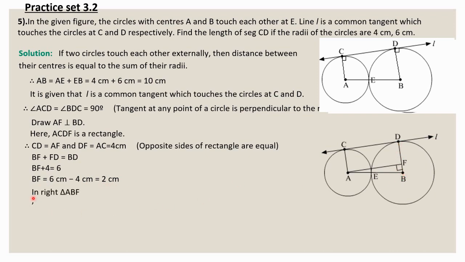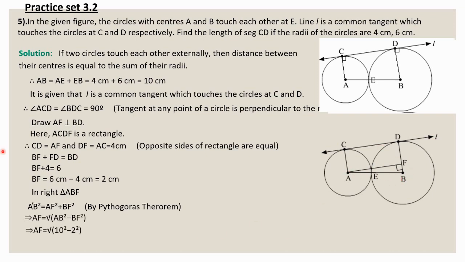Now, in triangle ABF, by construction, AF is perpendicular to BD, so this triangle forms a right angle triangle. Hence, we use the Pythagoras theorem, that is AB square is equal to AF square plus BF square.